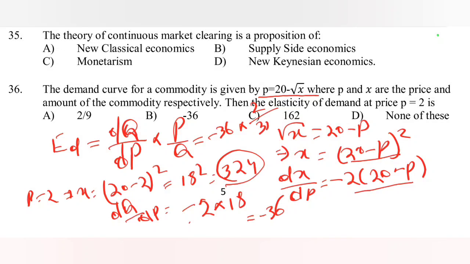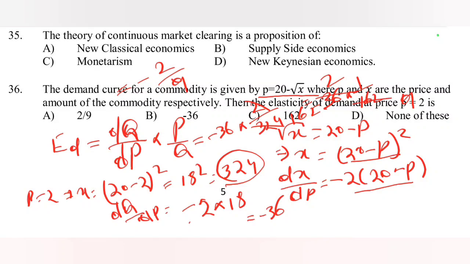So minus 36 into 2 by 324, and 2 by 324 is 1 by 162. So minus 36 into 1 by 162 means minus 36 by 162. 36 by 162, 18 times 2 is 36 and 18 times 9 is 162. So minus 2 by 9. Its value is equal to minus 2 by 9.